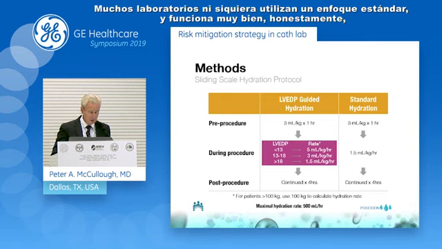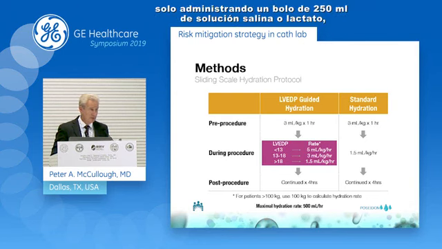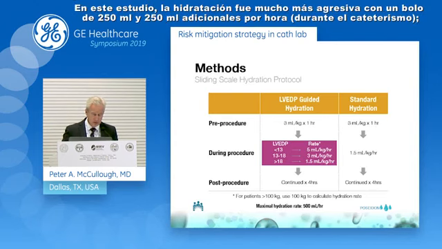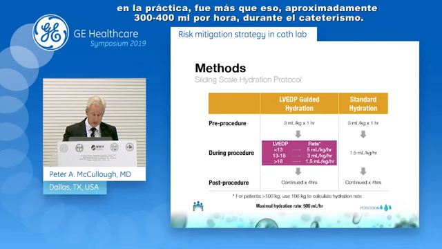Many of your laboratories don't even use a standard approach, and this works quite well, honestly, of just giving a 250 cc bolus of normal saline or Ringer's lactate, any isotonic crystalloid, before the procedure, and just running the IV during the contrast administration. But this is much more aggressive here. So this is a 250 bolus and then 250 an hour while we're in the catheterization laboratory. Actually, more than that. This would be about 300, 400 an hour in the catheterization laboratory.